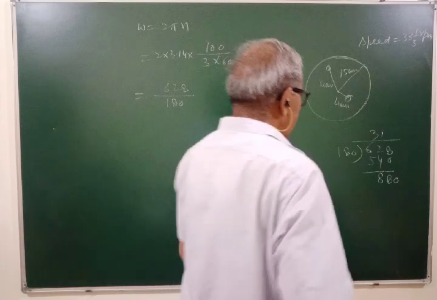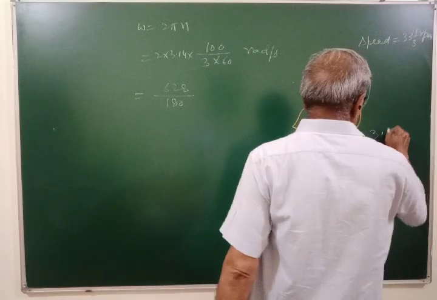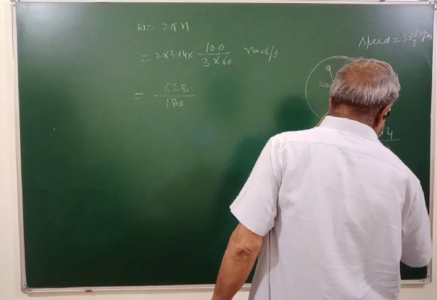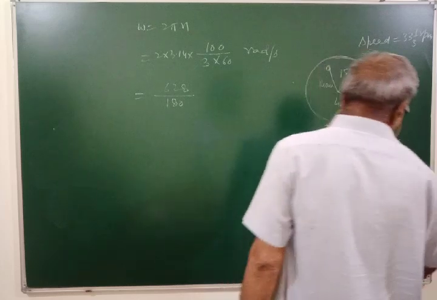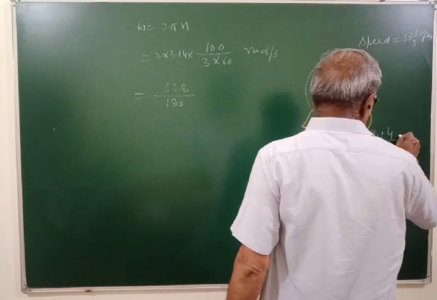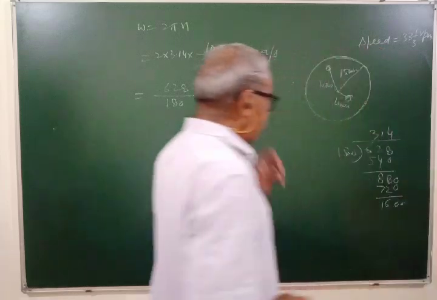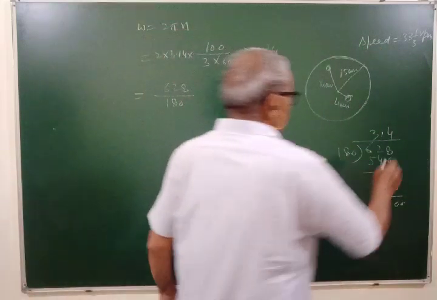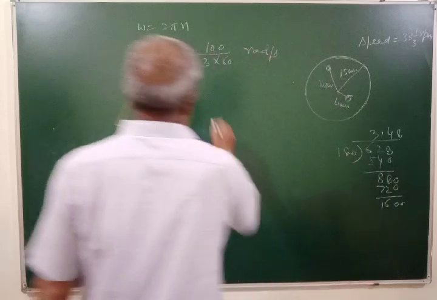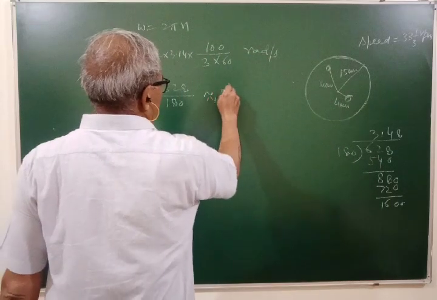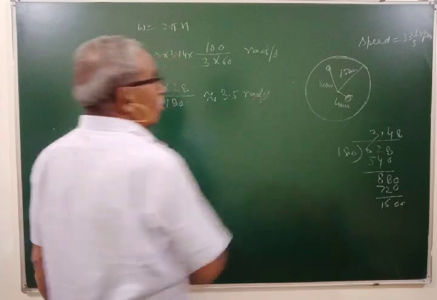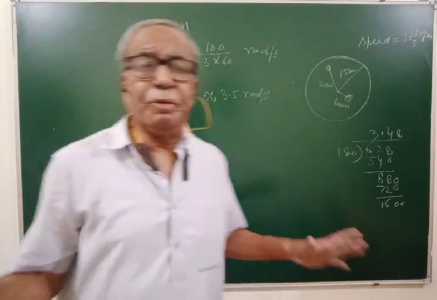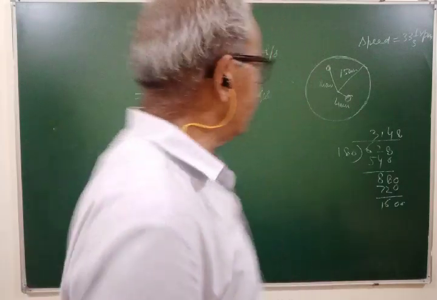Now 18 5s are 90, 4 zero 72, 0 and 18 9s are 162. So you can write it as about 3.5 radian per second. Actually we have to develop the idea only. Exact division does not matter here.